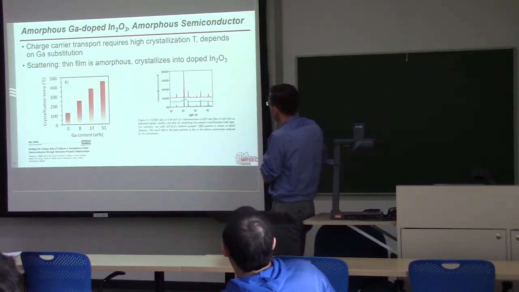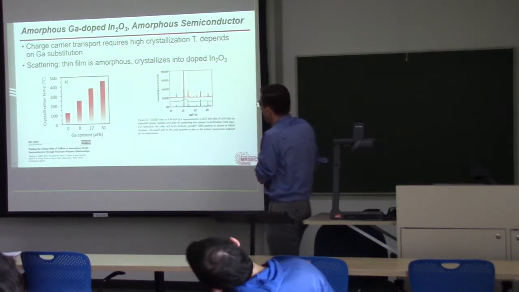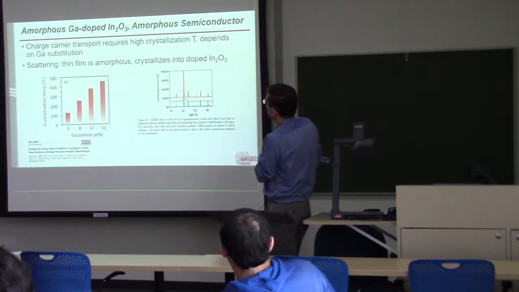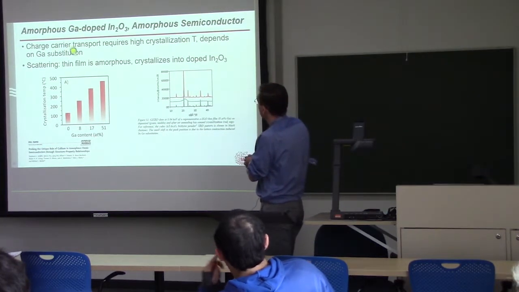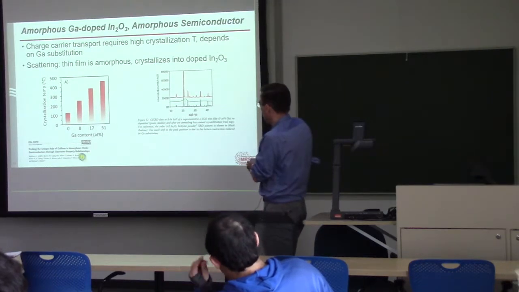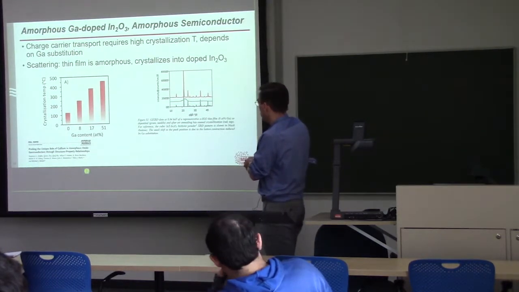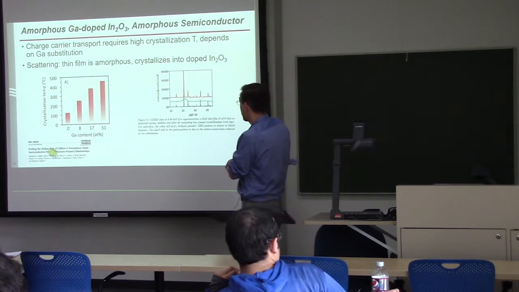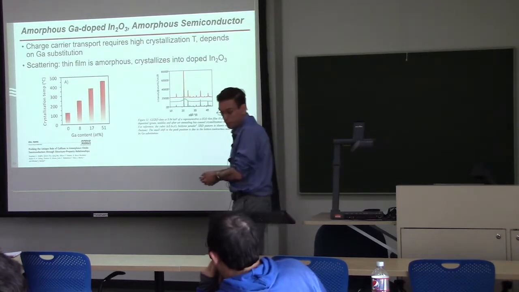Let me show you another one and show you how partial information can be useful in designing these materials, and show you the state of the art in thinking about how to work with the structures of complex oxide amorphous materials. This is an example drawn from some work at Northwestern, in fact in their MRSEC's studies of amorphous oxide semiconductors.